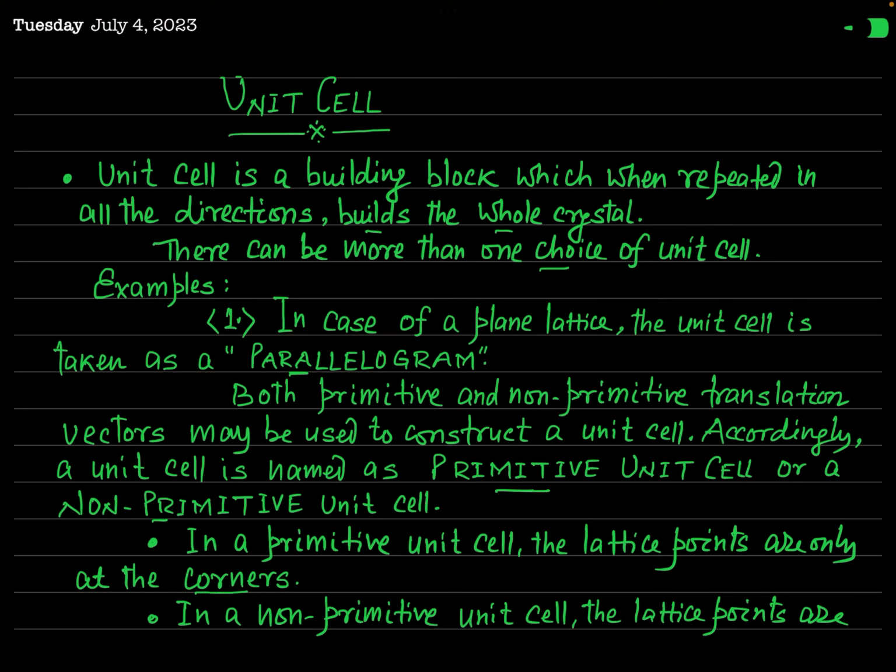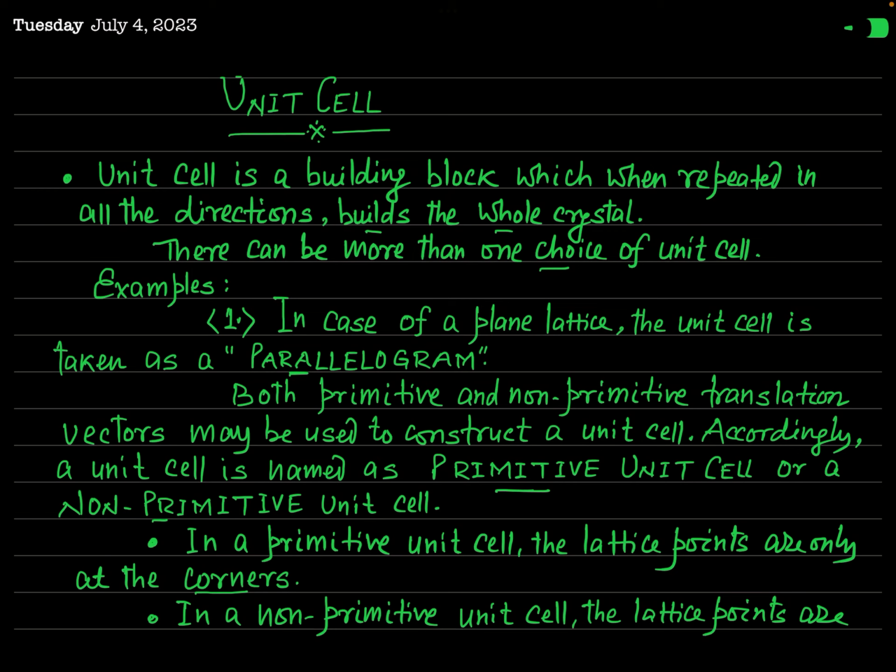But in the opposite manner, in a non-primitive unit cell, lattice points are not only at the corners. These points are at the corners too, but apart from the corners, the lattice points will lie at other sites too.